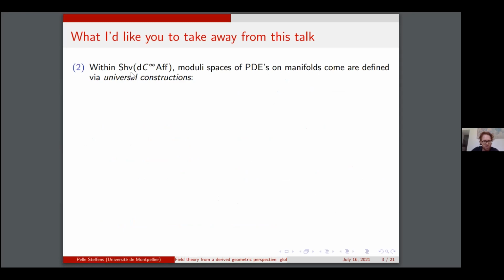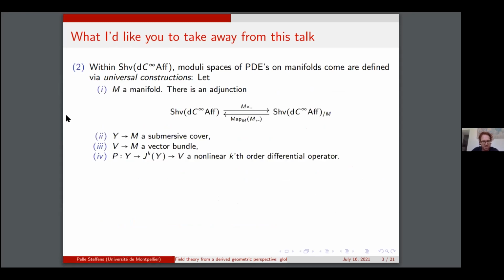In this new mathematical world, this higher topos, it's very easy to define moduli spaces relevant to field theory. For instance, we start with the data of a manifold, then we can first view this as a derived manifold, and then we can view it as an object in sheaves on derived manifolds via the unit embedding.